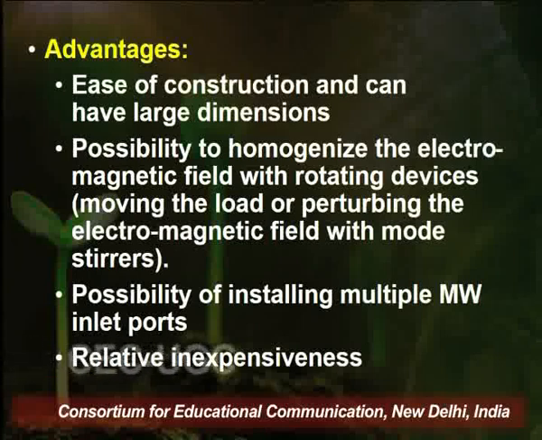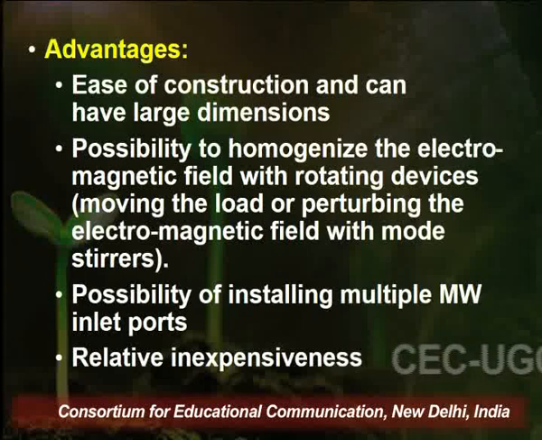When you are making a big microwave for industrial or pilot scale, you must have multiple microwave inlet ports. Since these are multimodal cavities with random distribution of microwaves, you can always have multiple inlet ports, which also increases the extraction efficiency and reduces the overall time involved in microwave extraction. And these are considered to be relatively inexpensive.